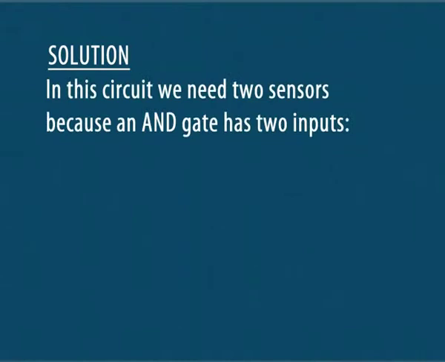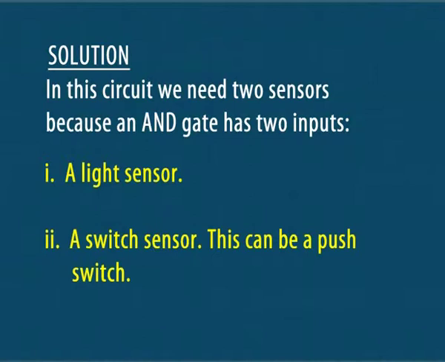Let's look at how we solve this problem. Now in this circuit, we need two sensors because an AND gate has two inputs. One, a light sensor. Two, a switch sensor. This can be a push switch.